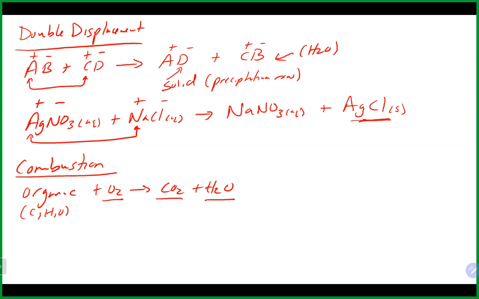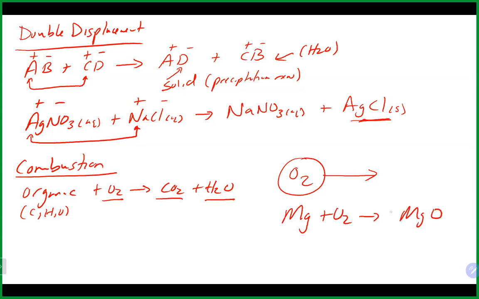There is a generic combustion reaction, which technically means all you need for it to be a combustion reaction is O2 on the left-hand side. So if you had something like what I wrote earlier, technically, even though that's a synthesis reaction, it could also be classified as a combustion reaction because it technically has O2 in it. So the basic general definition of combustion is you have to have O2 on the left-hand side of the arrow.